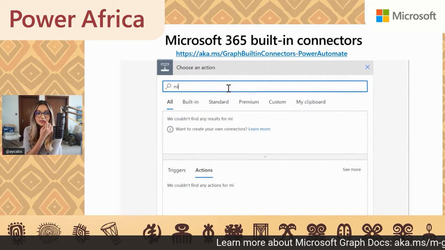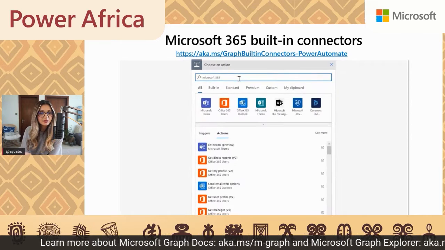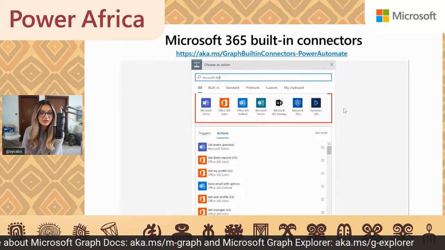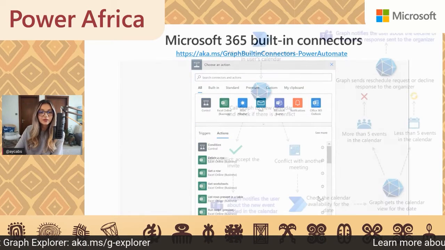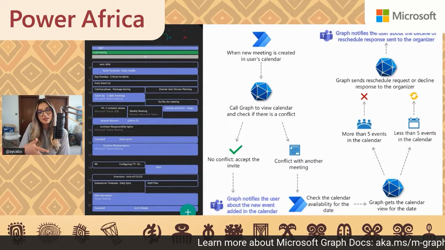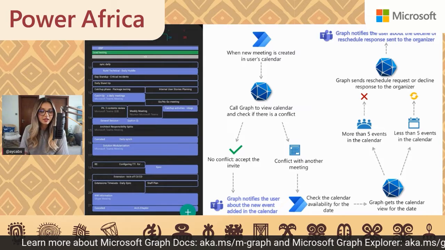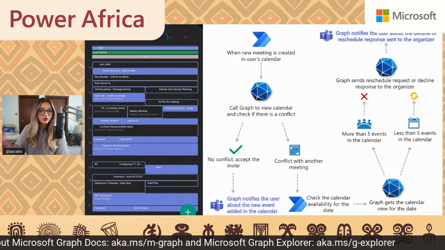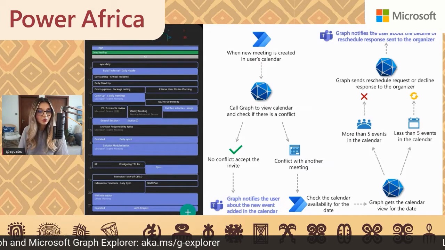If you are interested in seeing real life scenarios, there's one from me, which is if you go to aka.ms/graph building connectors Power Automate, you will be directed to this scenario. So on the left side, it's actually my own calendar from my previous role as a consultant, because all of us are working with our customers or in our team and on a product.